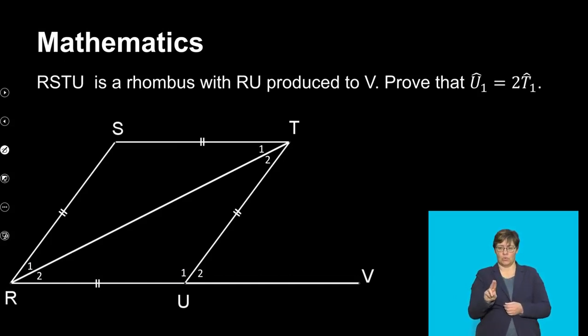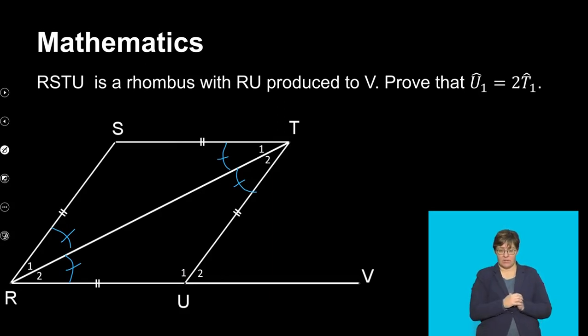I'm stopping there. I don't even want to continue. So what do I know? I know that this angle here will be equal to that angle there, right? That's because it's a diagonal, which will be equal to that angle, which will be equal to that angle.